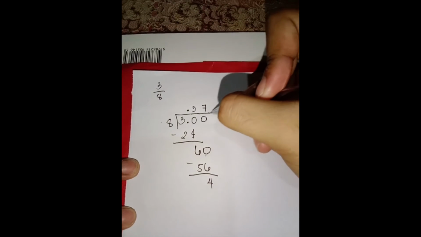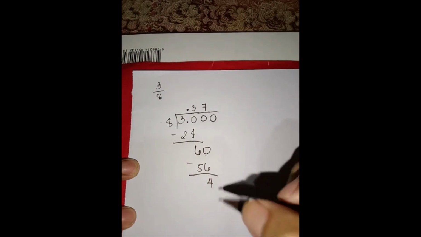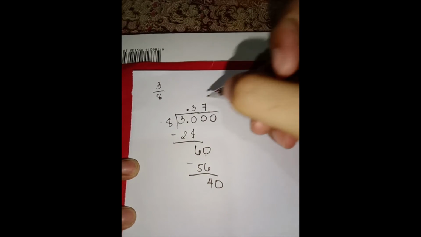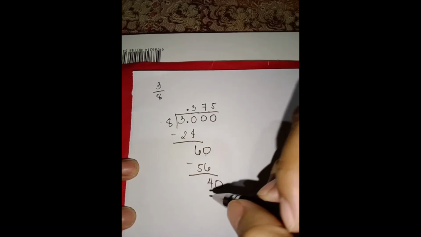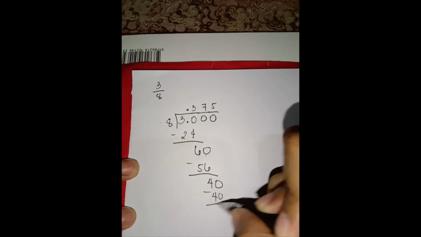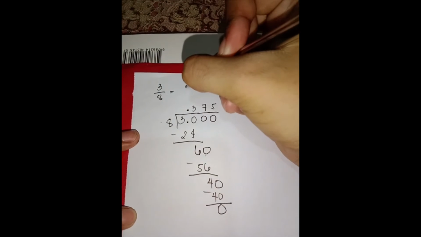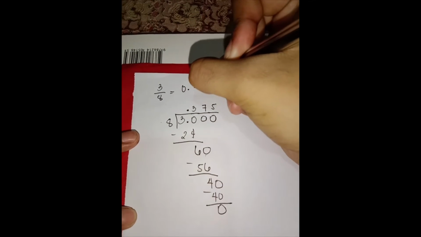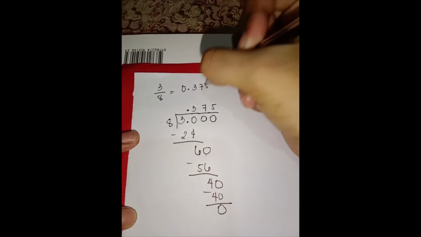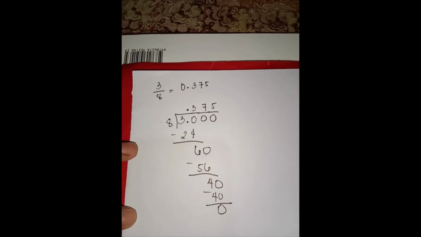Then cannot be again, so we add 0 again. 40 divided by 8, we have 5. And 8 times 5, we have 40. So this will become 0. So now, we have here 0.375 or 0 and 375 thousandths.